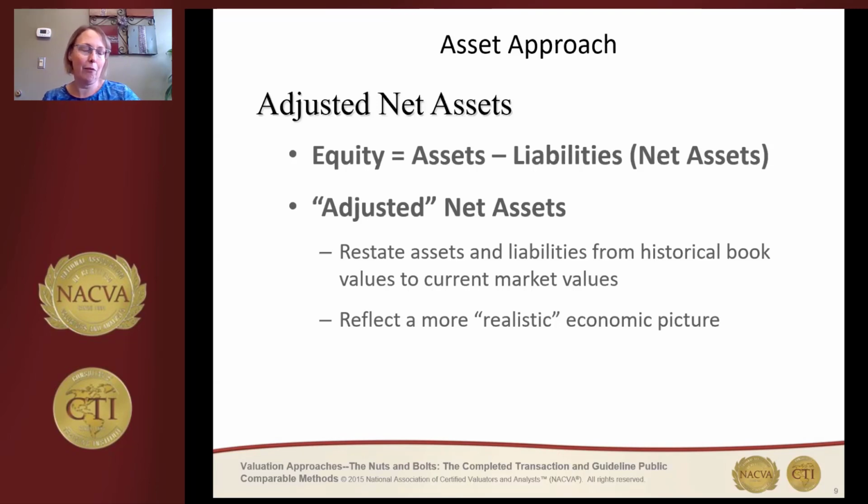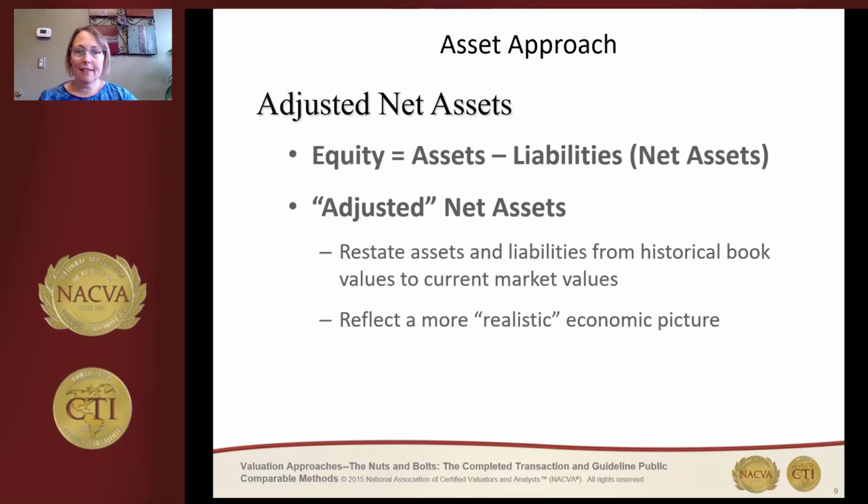It very rarely even comes close for most companies. Part of that is, if you go back and remember generally accepted accounting principles, our assets are on the books at cost, what we bought them for, less the depreciation, the depreciated value. So we're not accounting for those assets at whatever they're actually worth, fair market value today. What can we get for them in the market? That's not on a company's financials if they are utilizing generally accepted accounting principles.